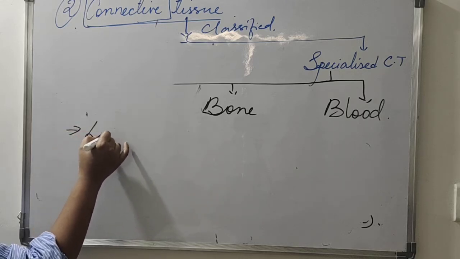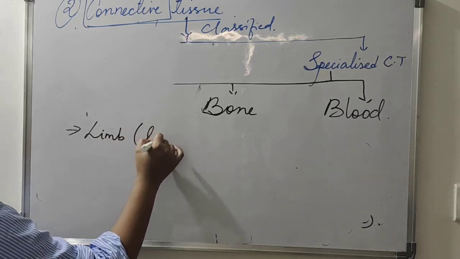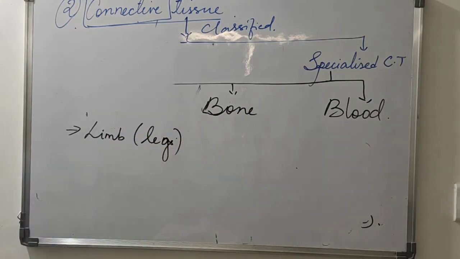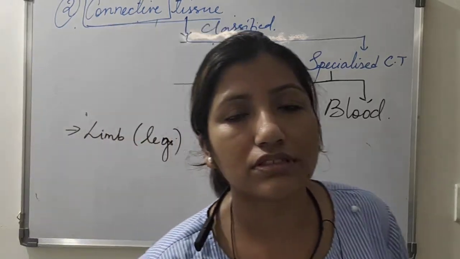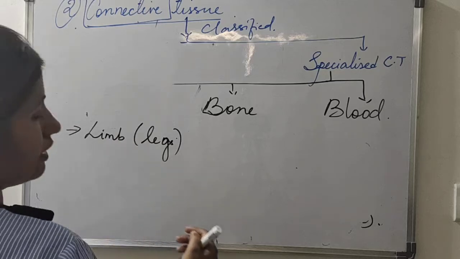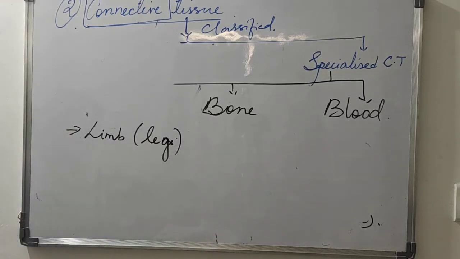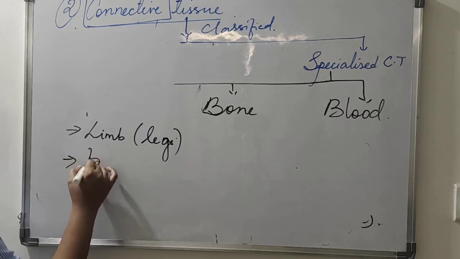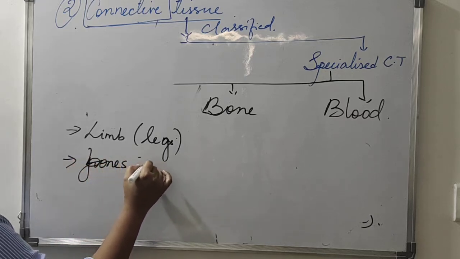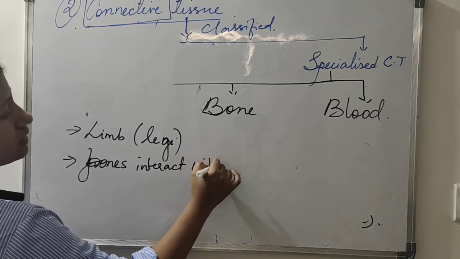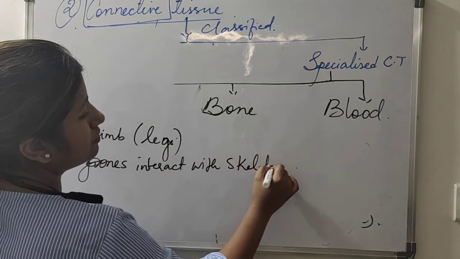So the limbs of our legs, leg bones, play a role of weight bearing. Leg bones actually bear the weight of our body, right? And bones also interact with skeletal muscle for what?